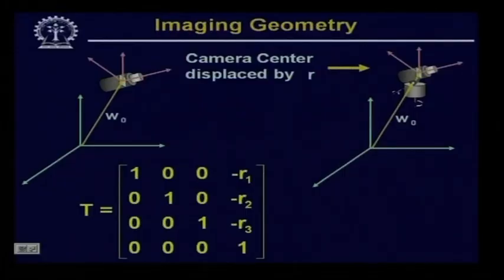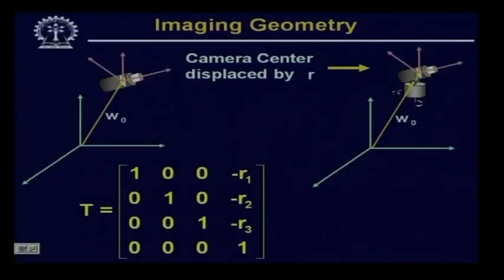By this transformation, all the world points are to be translated by the vector minus r1, minus r2, minus r3. The corresponding translation matrix will be T equal to 1 0 0 minus r1, 0 1 0 minus r2, 0 0 1 minus r3 and then 0 0 0 1.